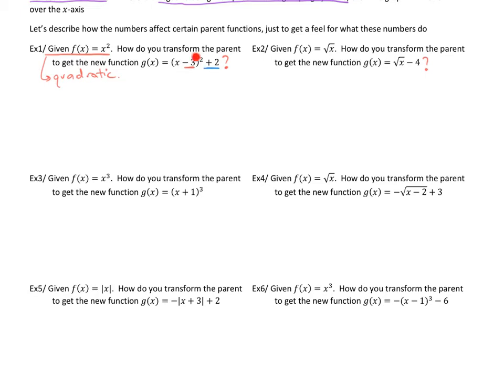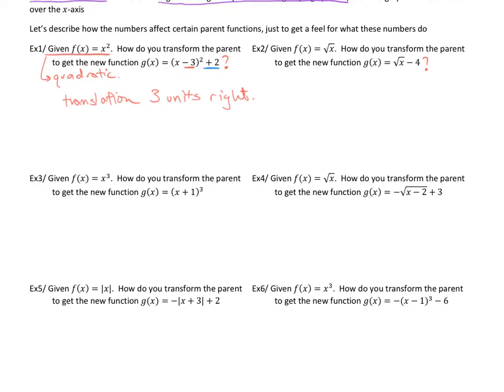And since this is a negative number, x minus 3, we will have a translation 3 units right. Because remember, x's are crazy. You think because this is negative that it's going to go left, but x's are crazy, they do the opposite. They're going to the right.